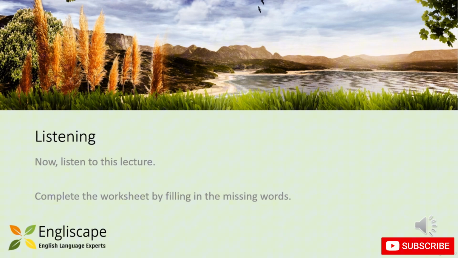Now, listen to the lecture on advantages and disadvantages of sole proprietorships. You will hear the advantages first, and then on the next slide you will hear the disadvantages. As you listen, fill in the blanks on the worksheet.